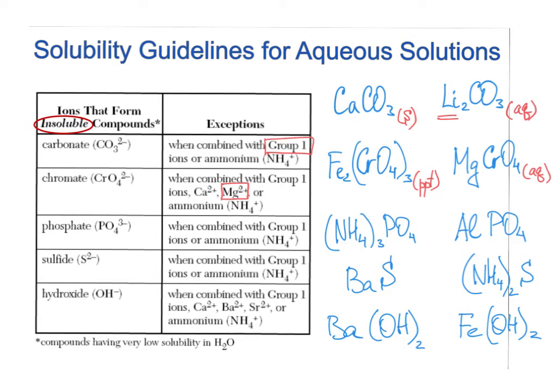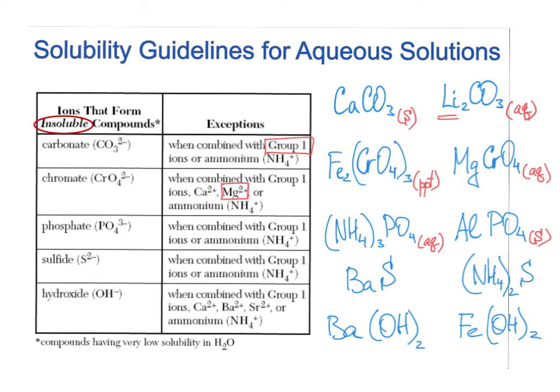So ammonium phosphate here is going to be an aqueous solution, while aluminum phosphate is going to stay solid, because aluminum is not an exception to the rule. We do not see it among the exceptions, so the phosphate of aluminum is going to be a solid compound that would not dissolve in water.